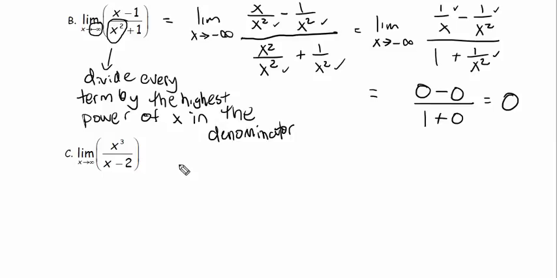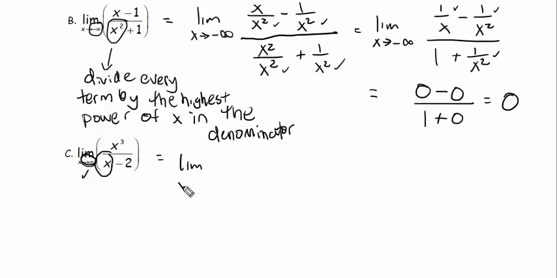Alright, let's try again. The highest power of x in the denominator is the x. And then we see that we want the limit as x approaches infinity. If this were anything here except for infinity or negative infinity, we cannot use this technique.